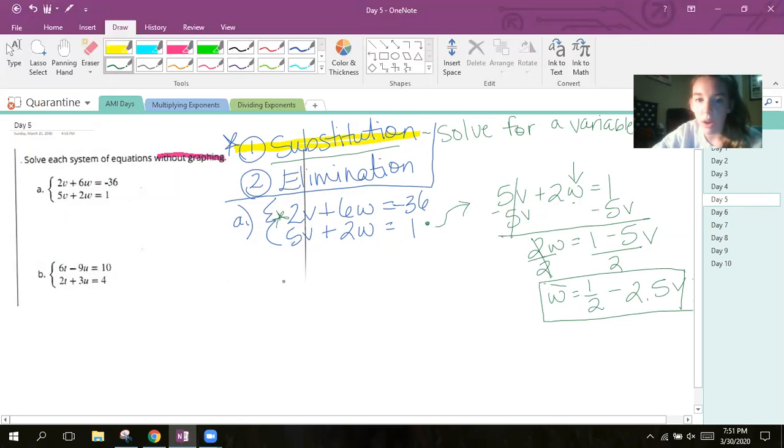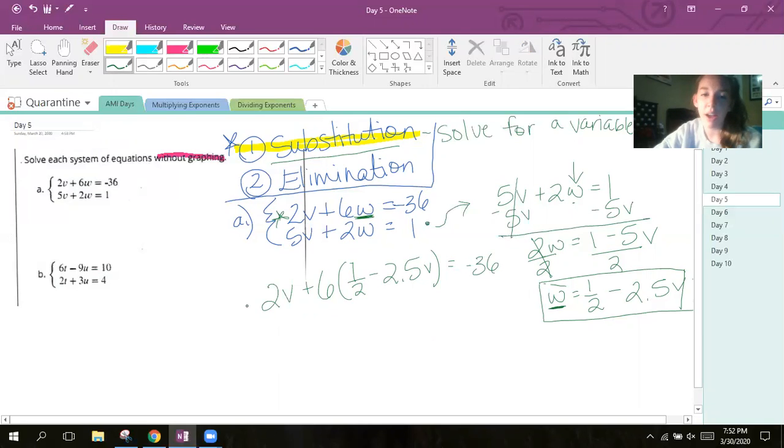Okay, so I now have 2v plus 6, and I'm going to substitute because I have a w here, and I know that w equals 1/2 minus 2.5v. So everywhere I see a w, I can just substitute it in for that. And that equals negative 36.